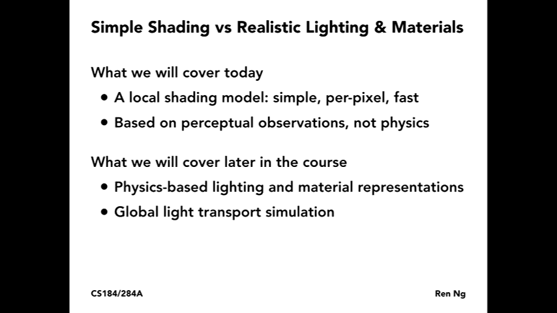This is to be contrasted with a physics-based model for materials or lighting, where we compute in a scientific, radiometric way how many photons, going through a realistic model of the world, would have appeared in this final pixel behind this camera in the model world.